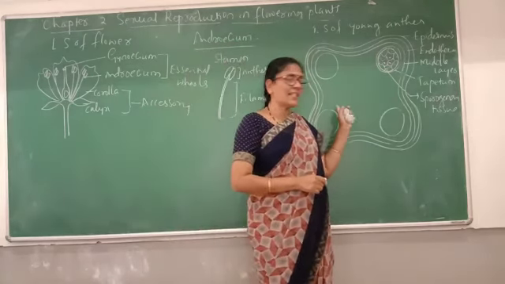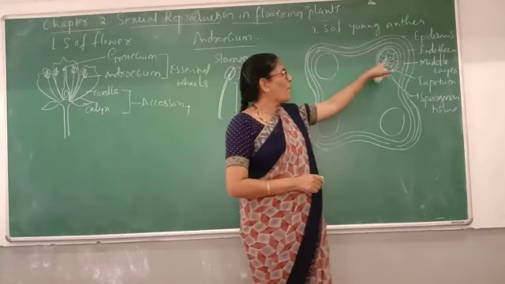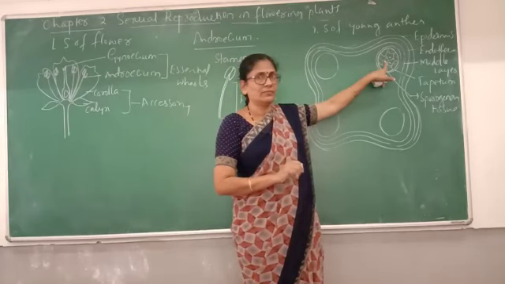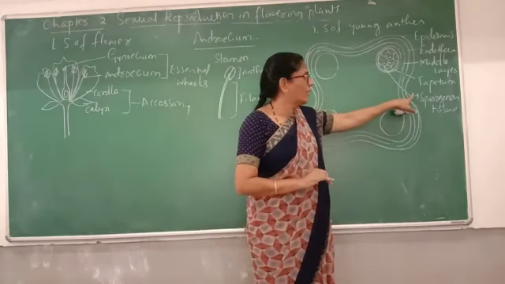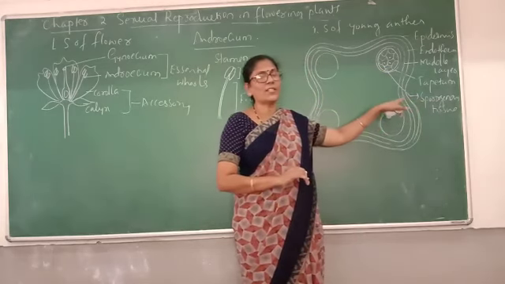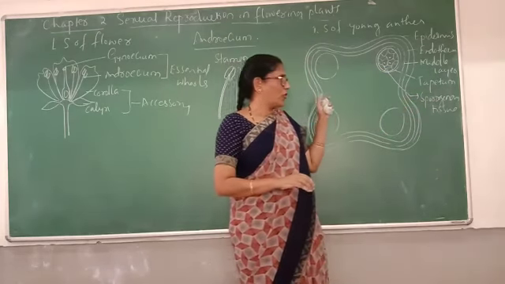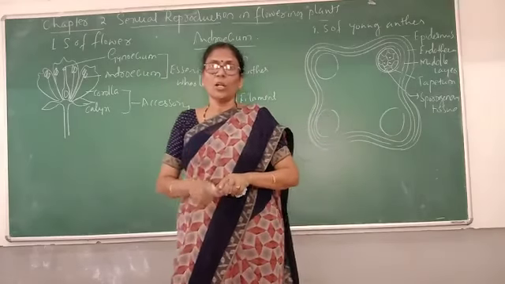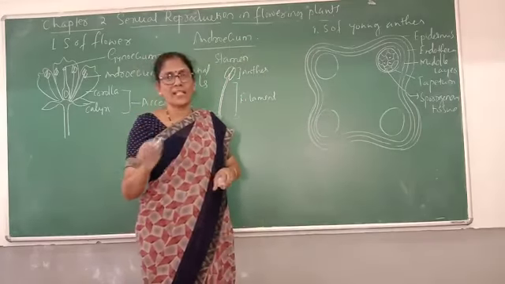Each cell of the tapetum is large, with dense cytoplasm, and has more than one nucleus. When the anther is young, there is a mass of homogeneously spread cells or tissue, which we call the sporogenous tissue. When the sporogenous tissue matures, each cell of the sporogenous tissue is considered a pollen mother cell.